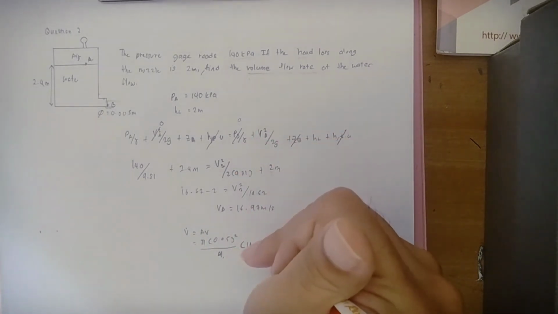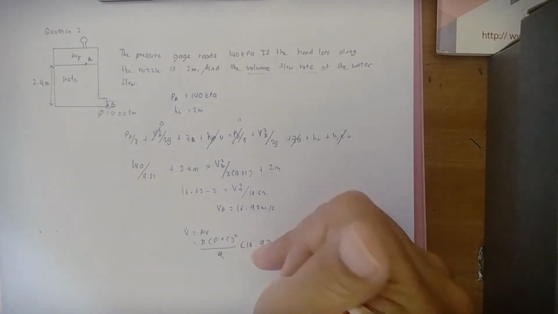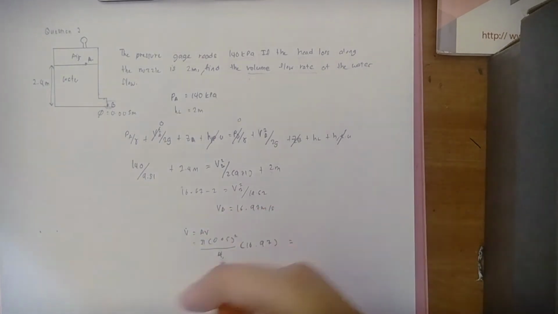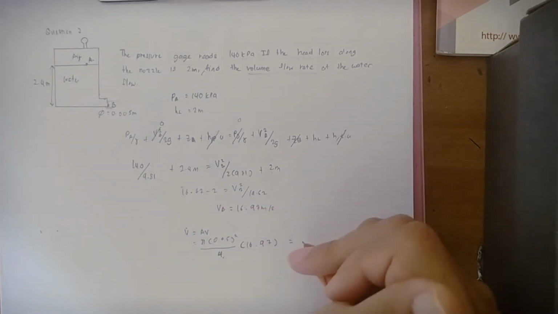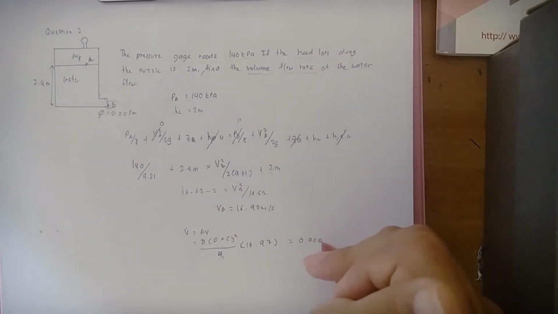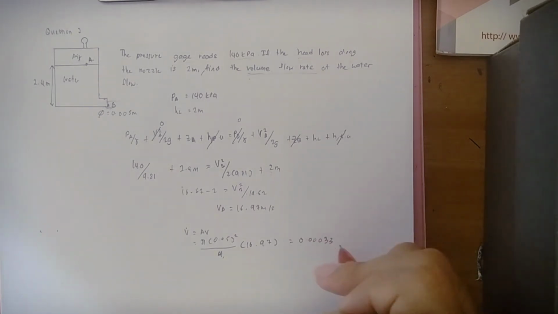VB is equal to 16.97. Calculate all the information given. So volume flow rate is equal to 0.00033 meter cube per second.